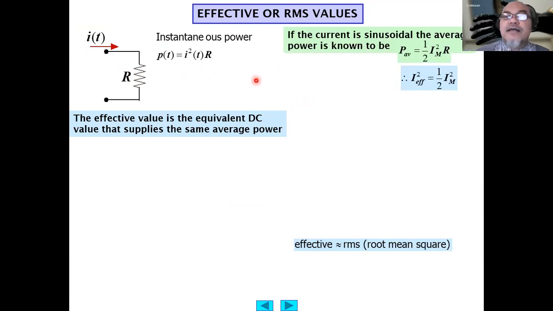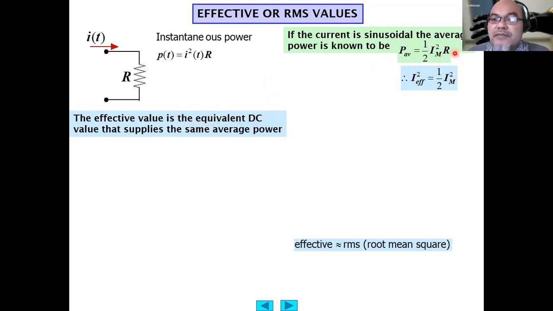Okay, so then if the current is sinusoidal, and we have done the derivation earlier in the average power, then the average power will be equal to half of the maximum current squared times R, or also half of the maximum voltage squared divided by R, the same. And this average power should be equivalent with the DC.